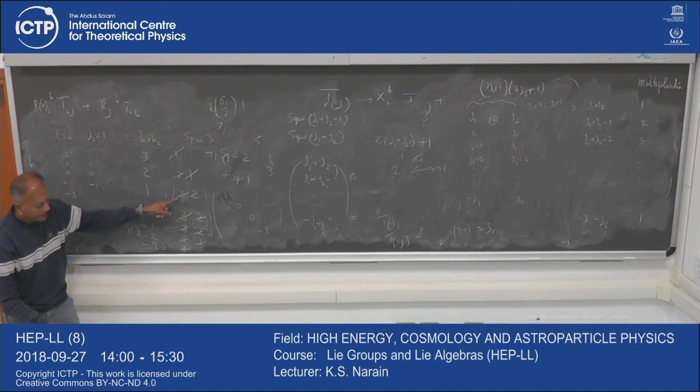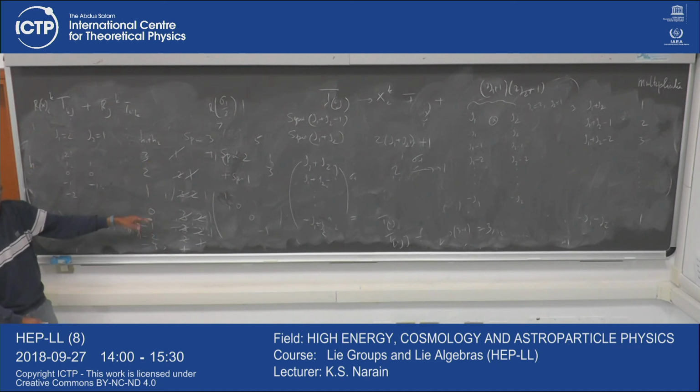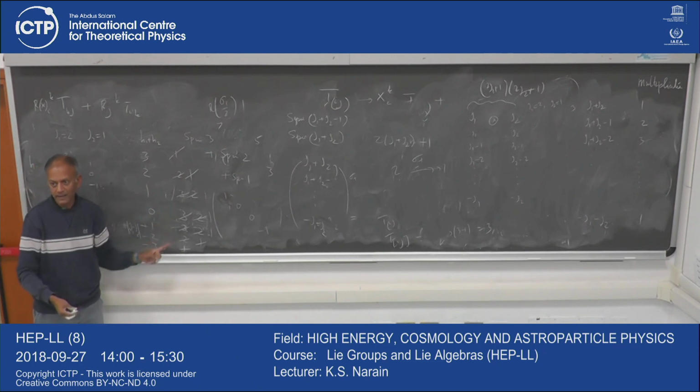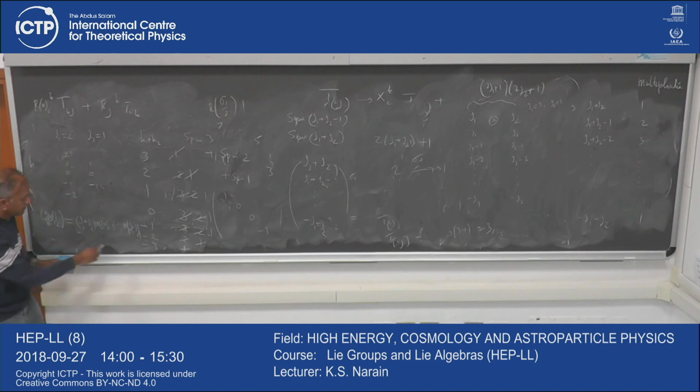These are multiplicities. If this had increased to 4, then you would also get a spin 0. But that is not happening. This is the reason why you had this structure. That is straightforward.